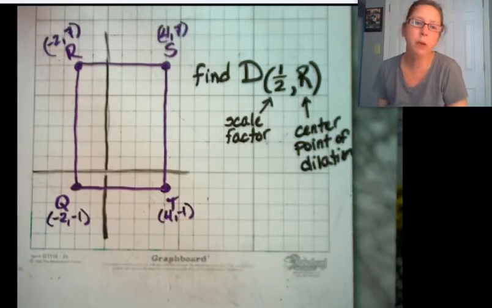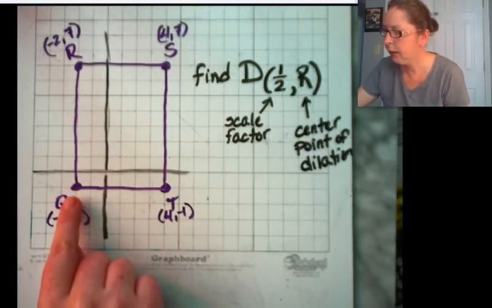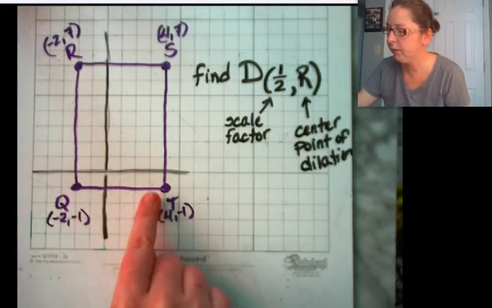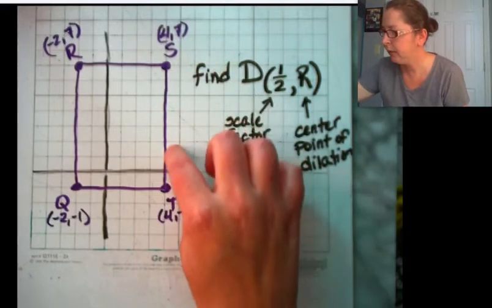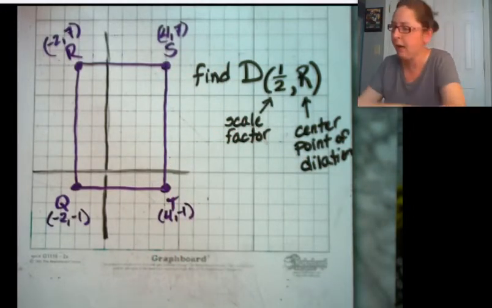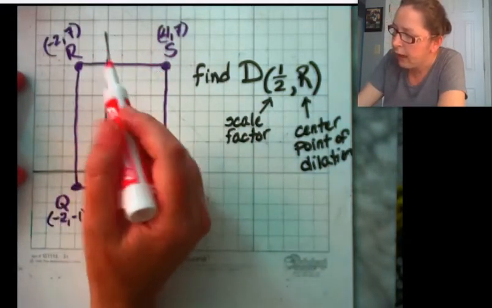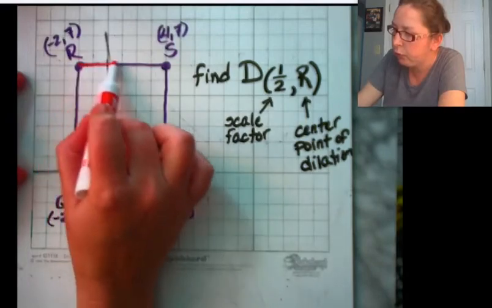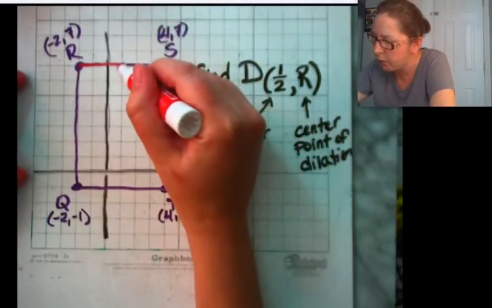So one way that we could visually do this is just count out. This is over 6, and this is down 3, 6, 7, 8. So I could just literally make this be half the size. Half of 6 is 3, and half of 8 is 4.